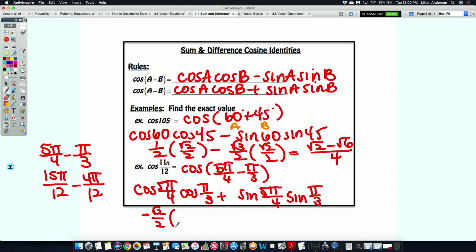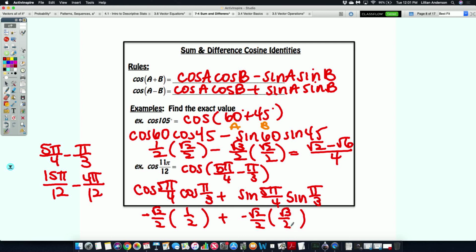Root 2 over 2. What's the cosine of pi over 3? What's the sine of 5 pi over 4? And the sine of pi over 3.